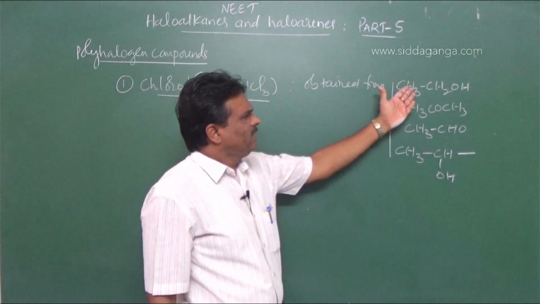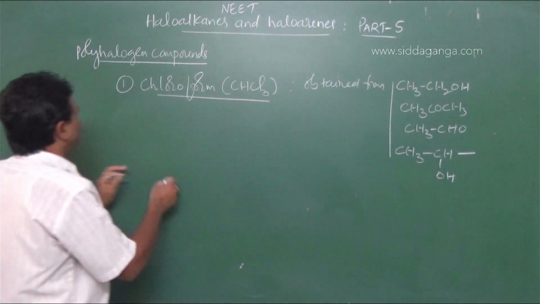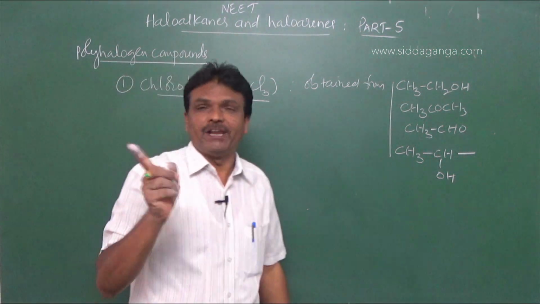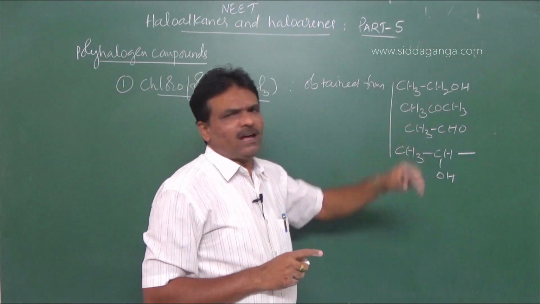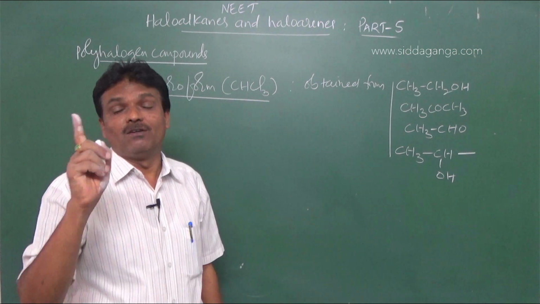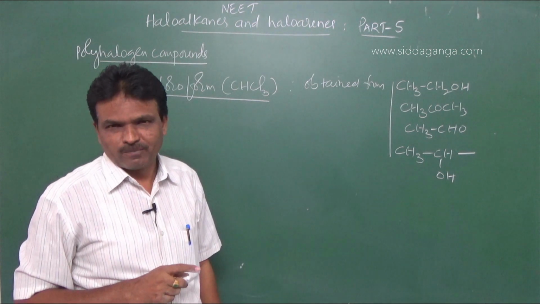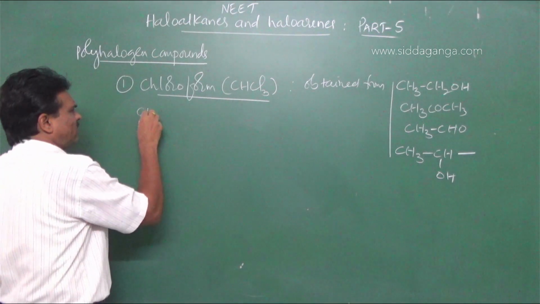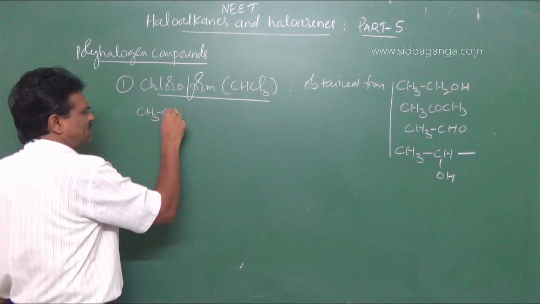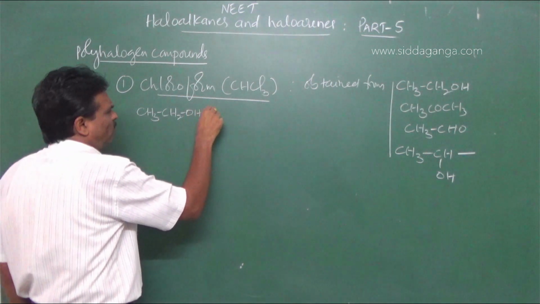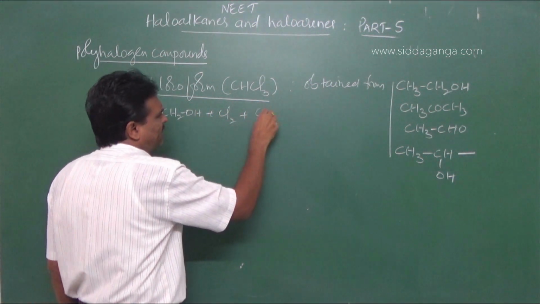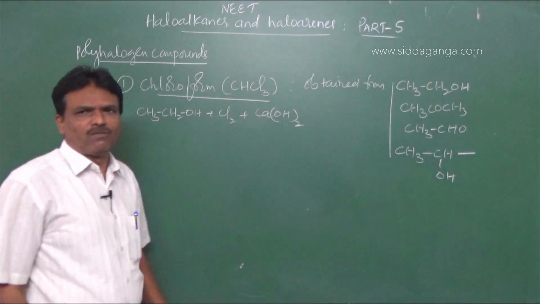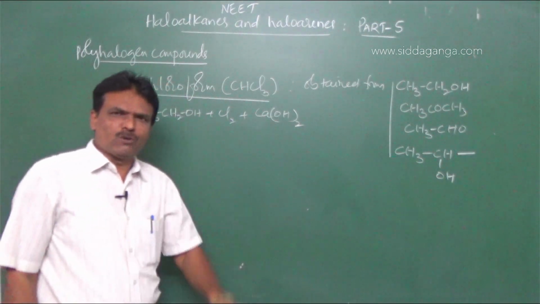When ethyl alcohol is heated with chlorine and calcium hydroxide, chloroform is obtained.